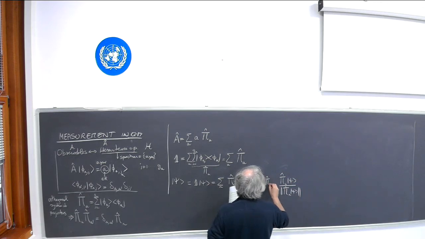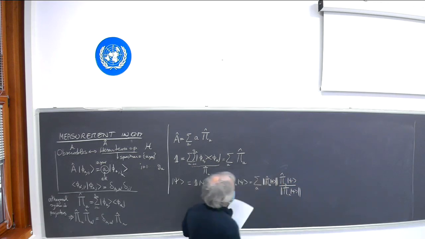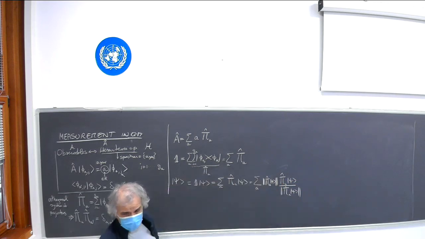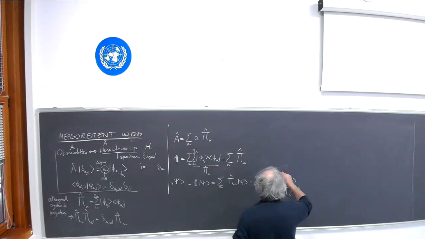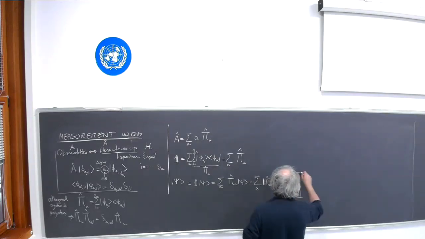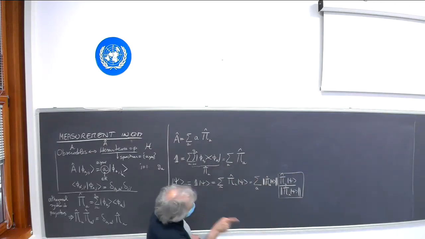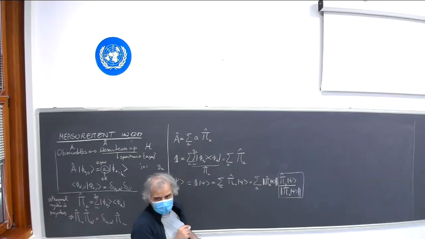I'm just doing nothing. I multiply and divide it by the norm, okay? So this object now is a component along the A axis, but of unit norm.